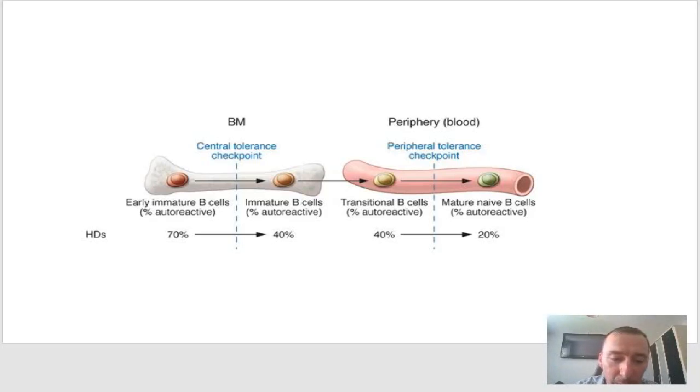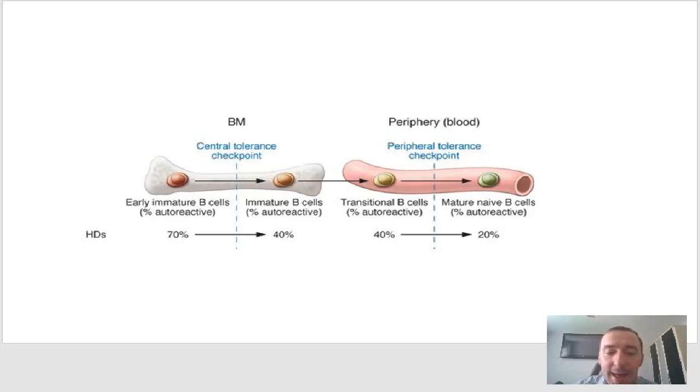You can see in the bone marrow here, of the early immature cells, about 70% are autoreactive. When they go through negative selection in the bone marrow, they manage to get that down to 40%. The negative selection that happens in the bone marrow refers to a process called central tolerance, which we'll cover later in the lecture.